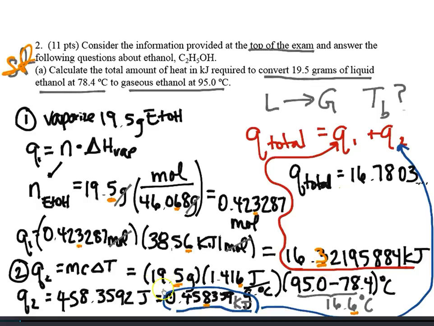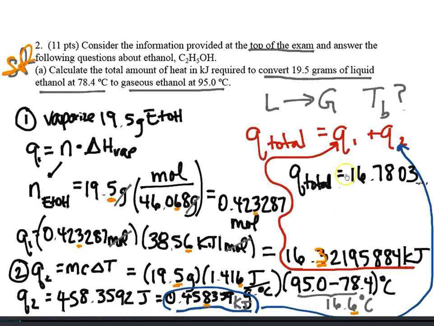And then in the Q equals MC delta T part 2, 19.5 has 3 sig figs, 1.416 has 4 sig figs, and 16.6 has 3 sig figs, right? It's accurate to that tenths place. That first subtraction step gives you 16.6, which means that our second step is accurate to 3 sig figs.